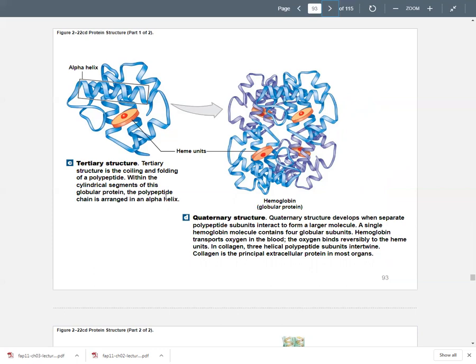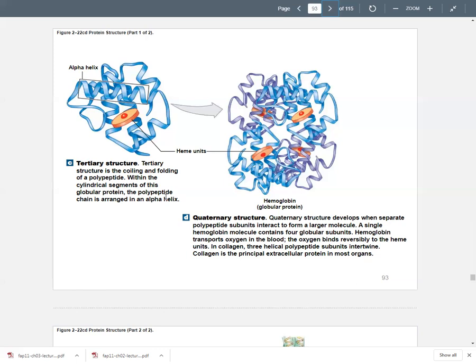That's important because anybody heard of hemoglobin? Okay. Hemoglobin is used in your bloodstream to carry oxygen to your body, right? So hemoglobin is most effective when it has four subunits and allows it to carry more oxygen.